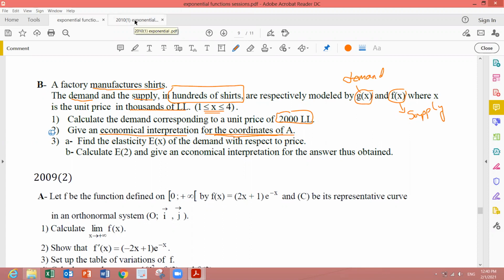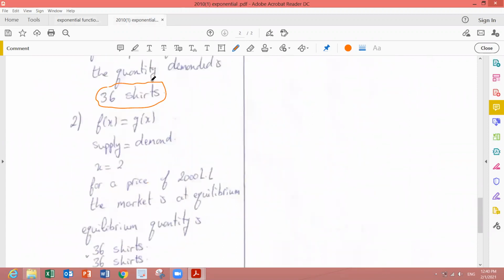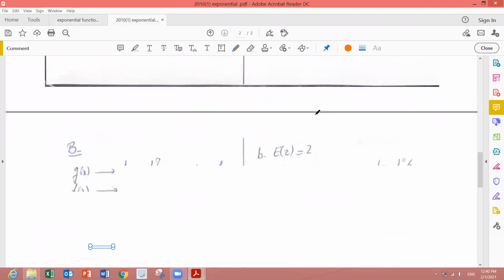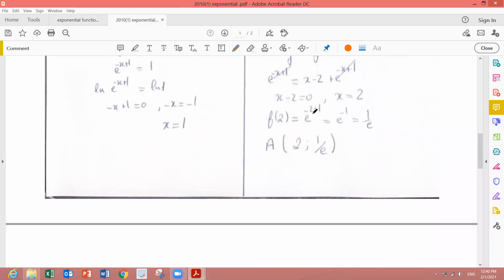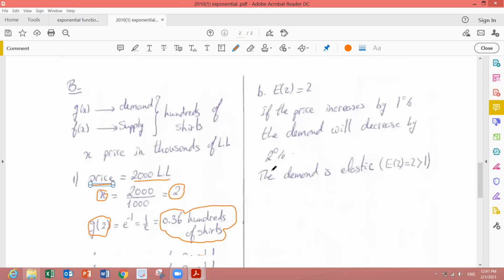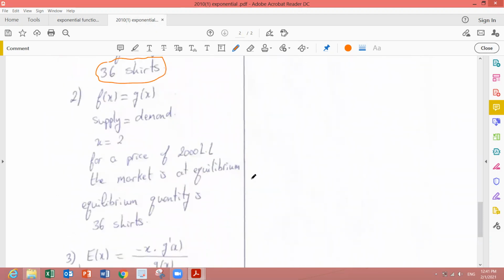We saw in the previous part that f(x) equal g(x), y equal y, demand equal supply, so x equal 2.